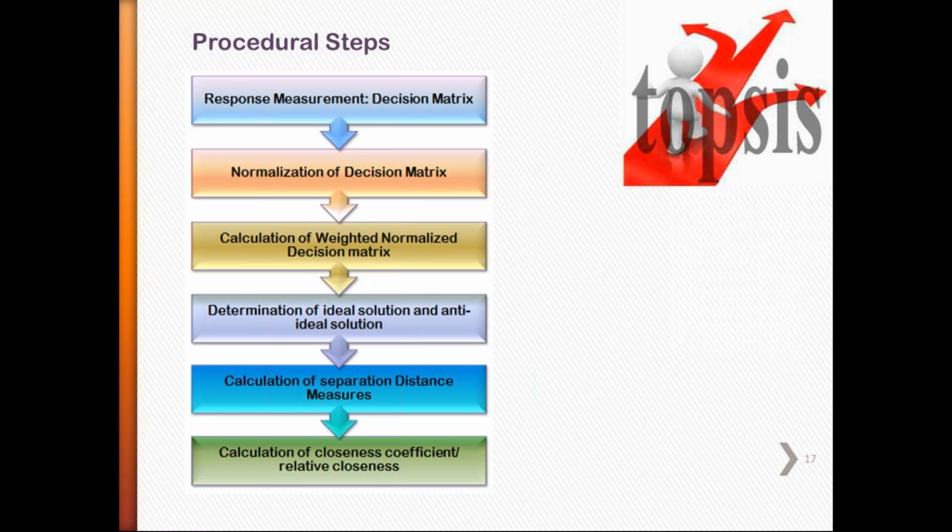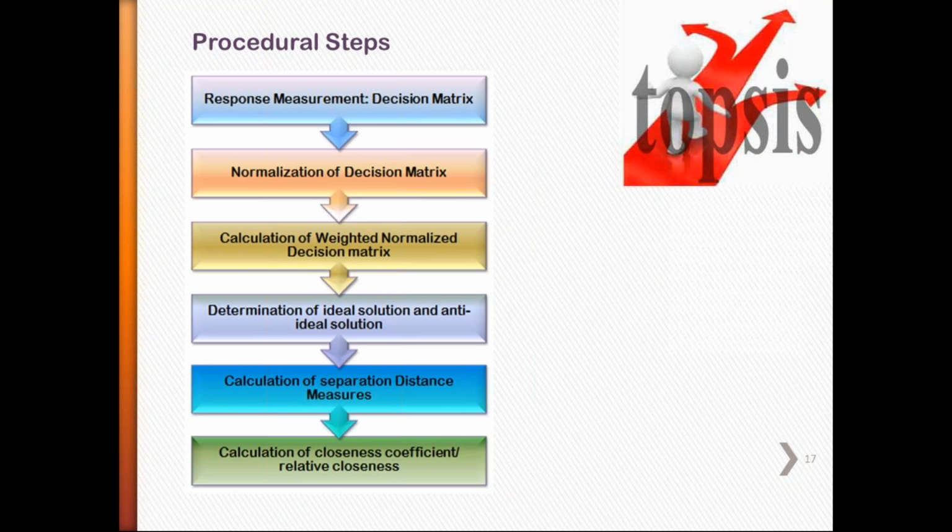As per the wish of the decision maker, we can consider all criteria equally important, that means equal priority weight, or as per the choice of the decision maker, unequal priority weightage can be assigned to different criteria. So there comes the weighted normalized decision matrix.